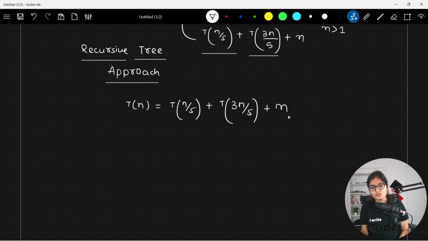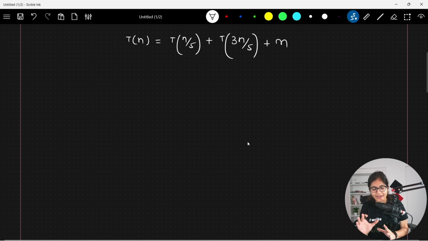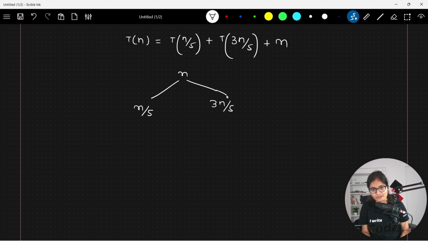What we are trying to do is split our data into two parts. n is splitting into two parts. On the left side we have n/5, and on the right side we have 3n/5. The cost required to split this data into two parts is equal to this value, which is n here.